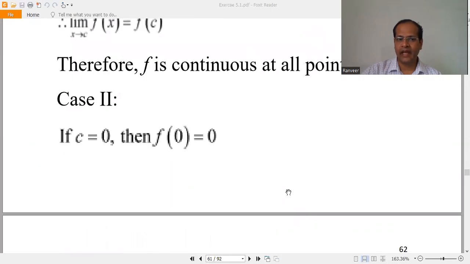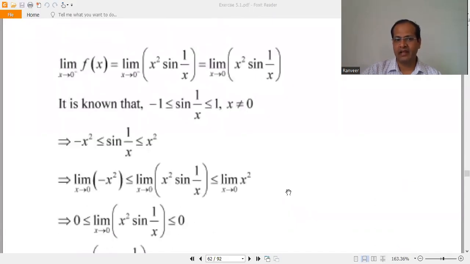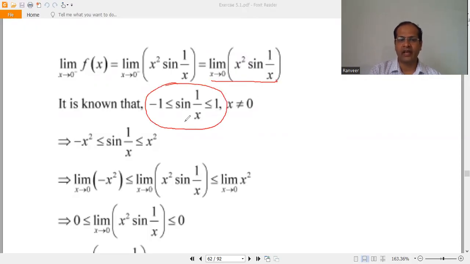Now, case number 2, x equal to 0. If we check, then f(x) at 0 minus is x square sine 1 by x. We know the sine value lies between -1 and 1, so we multiply by x square on both sides, giving -x square to x square.